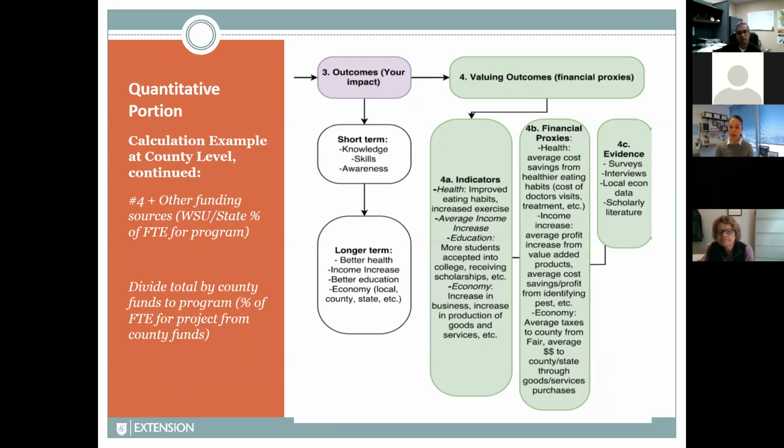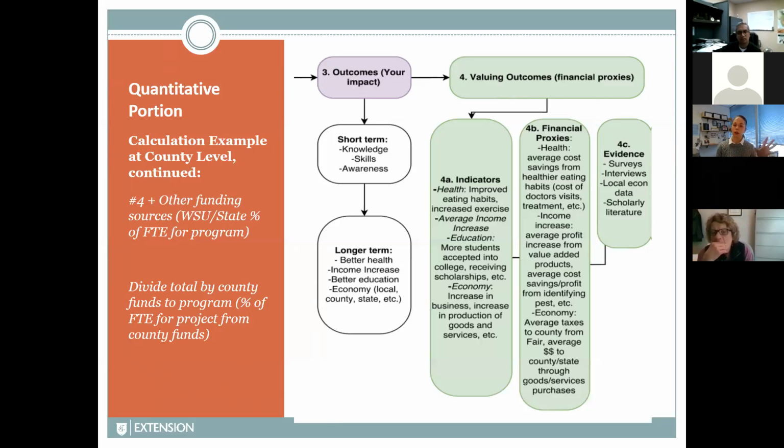So average cost savings from healthier eating habits, average profit increase from value-added products, and then average taxes to counties from the fair, for example, or average dollars to the county through goods, services, and purchases. And then that evidence is being collected through surveys, interviews, local economic data, as well as any scholarly literature that we can bring in.